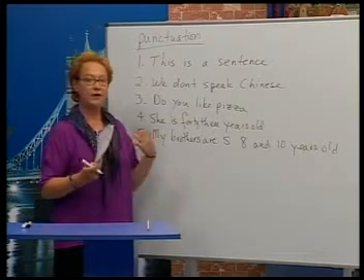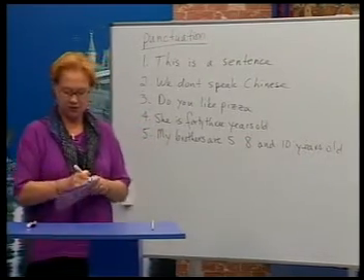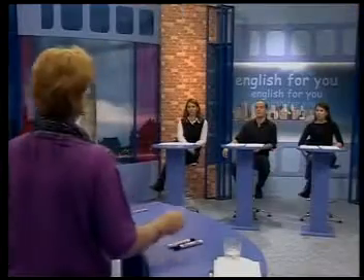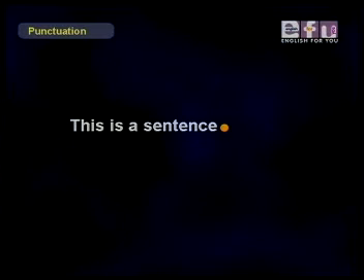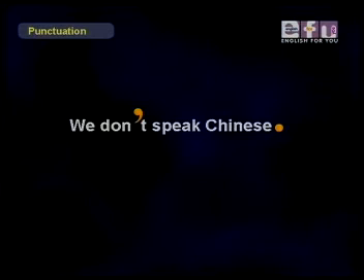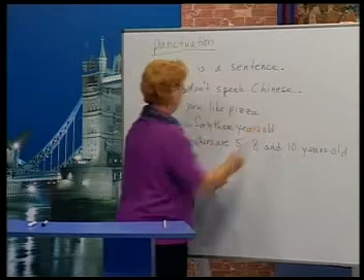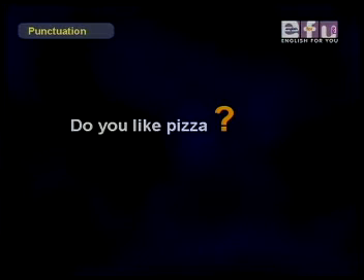Now, we're going to have the assistants put in the punctuation. So, Lisa, do number 1. This is a sentence. Period. Yes, good. Okay, Ali, number 2. We don't, an apostrophe, speak Chinese, period. Good. All right. 3. Isabel. Do you like pizza? Question mark.